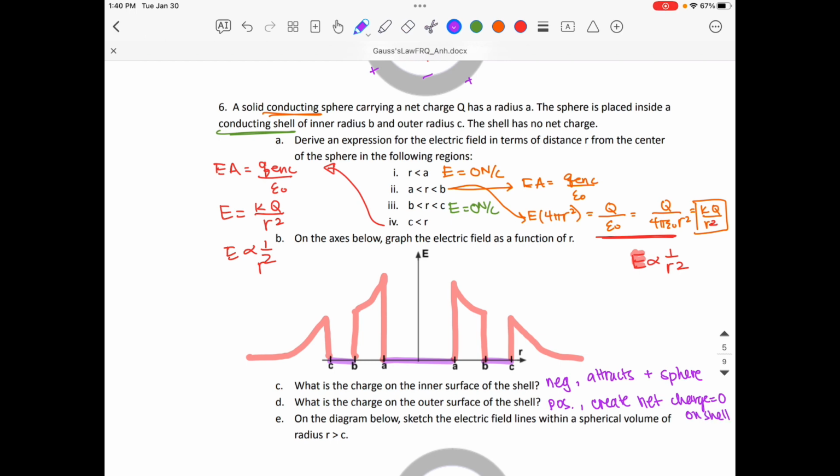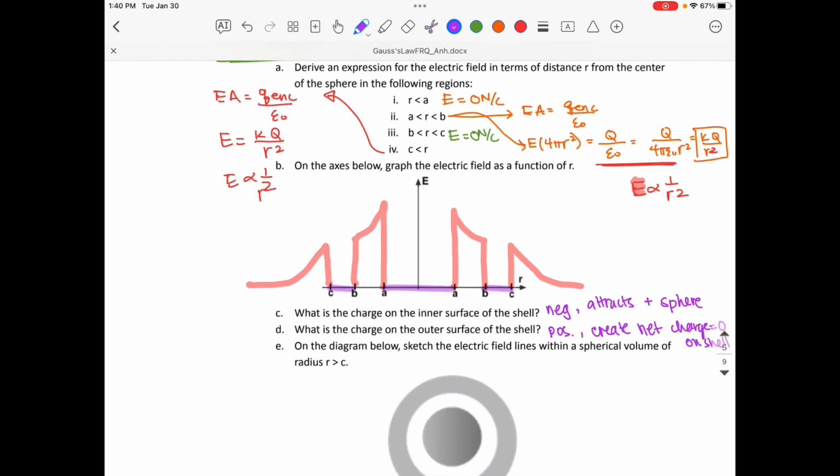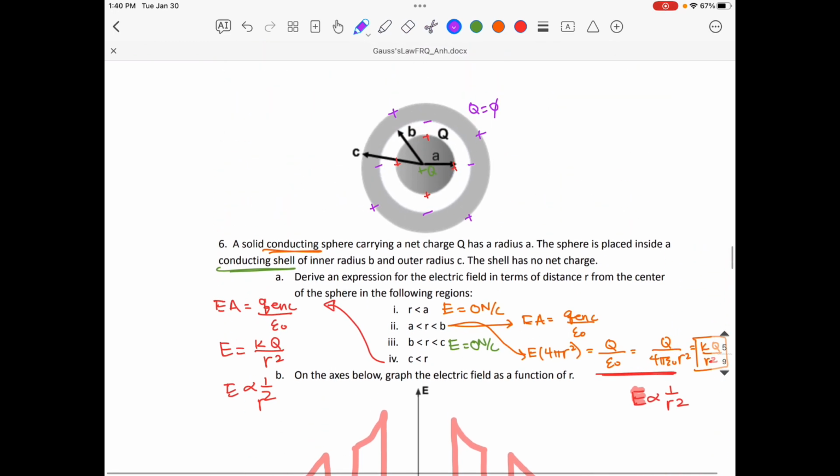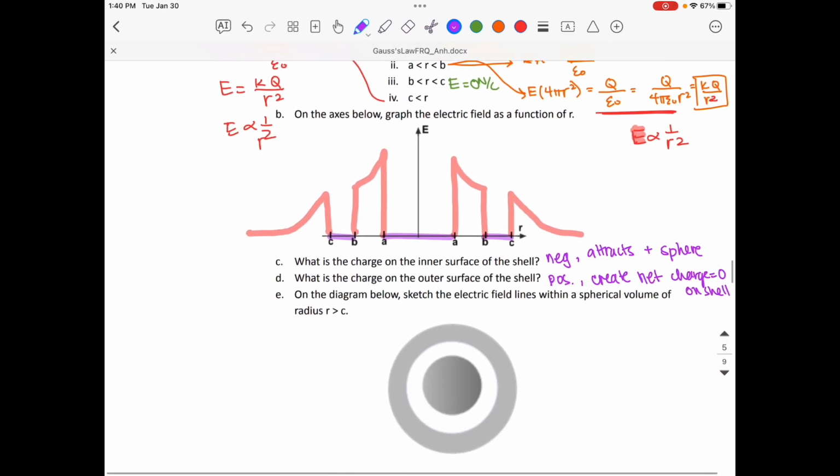And then on the diagram below, sketch the electric field lines within a spherical volume of radius r greater than c. So the electric field lines, when r is greater than c, are going to be due to the positive charges.